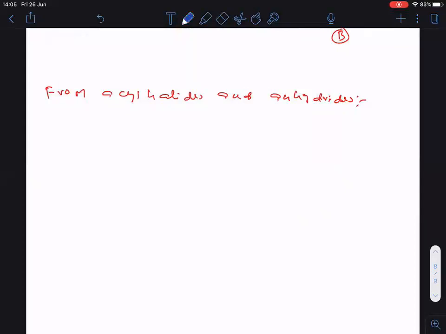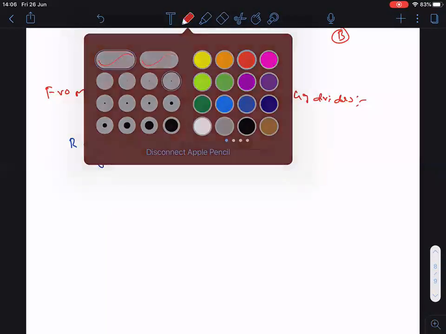First of all, acyl halide. What is acyl halide? RCOCl. So when an acyl halide undergoes hydrolysis, clear?